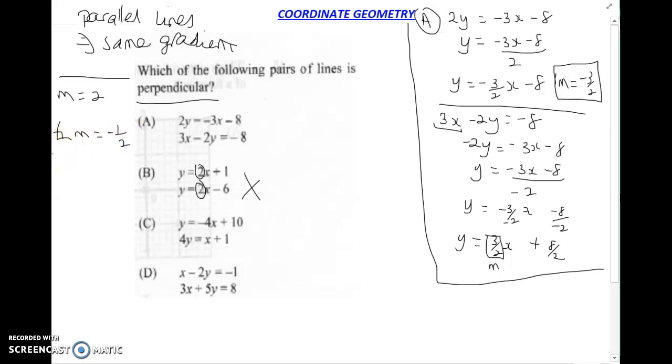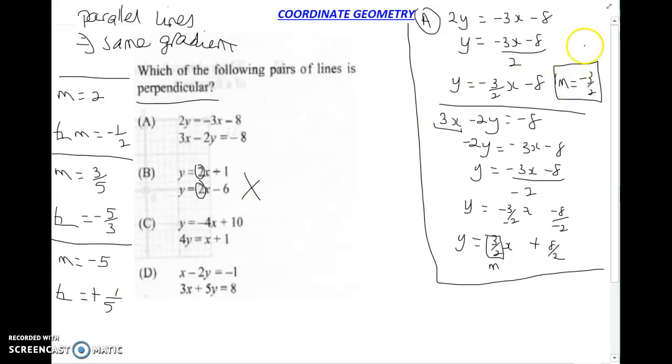So if the gradient was 3 over 5, my perpendicular gradient would be, change the sign, negative 5 over 3. But let's do one more. If my gradient was negative 5, my perpendicular gradient would be positive 1 over 5.